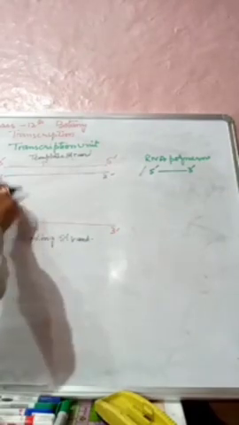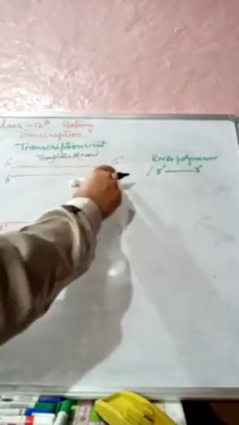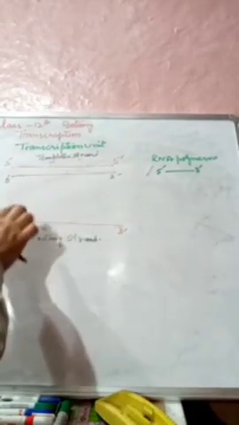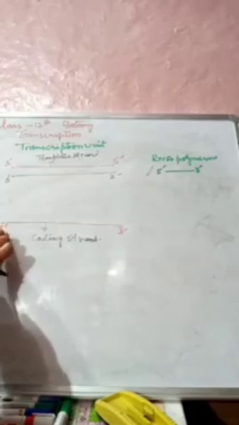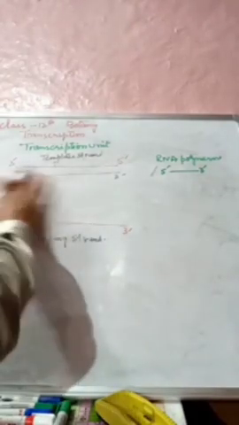So the strand which has the polarity from 3' to 5' is called the template strand, and the strand which has the polarity from 5' to 3' is called the coding strand.